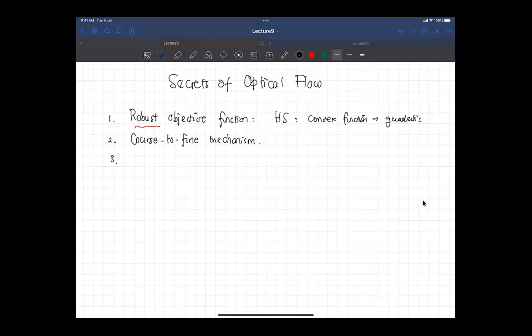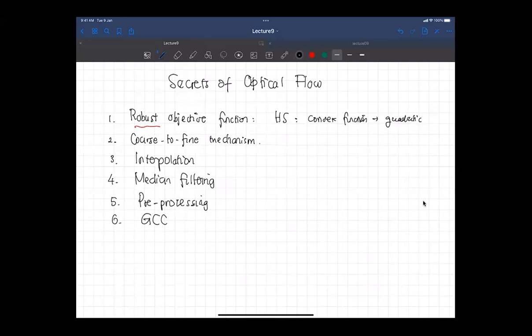Okay, so the third ingredient is interpolation. Number 4 is median filtering, or filtering in general. Number 5 is ray processing. And number 6 is GCC constraint.